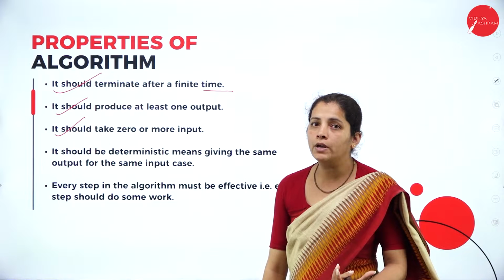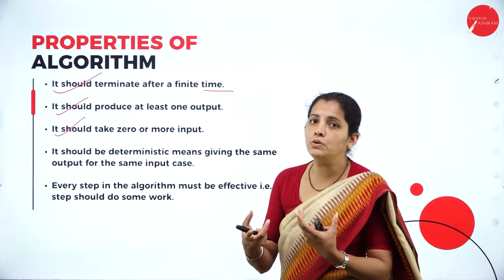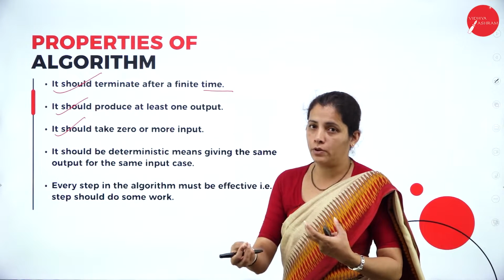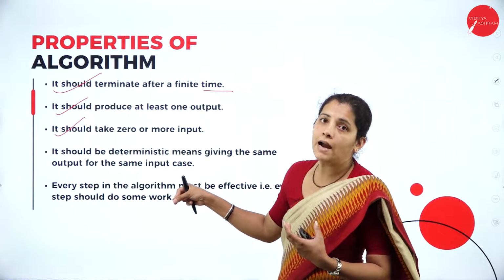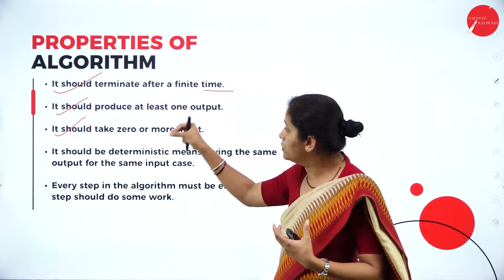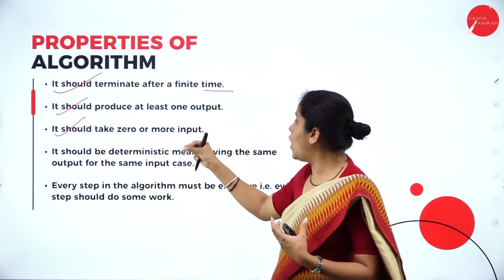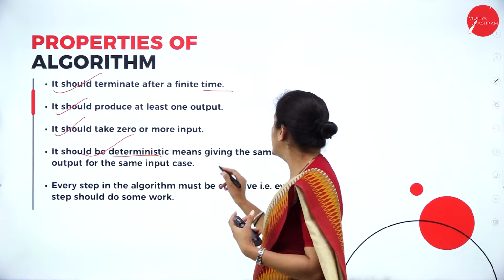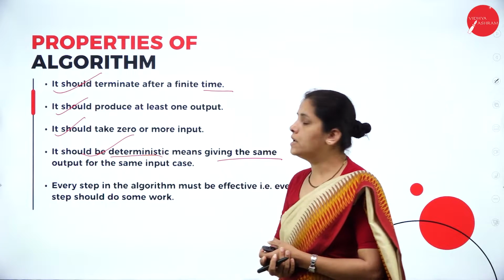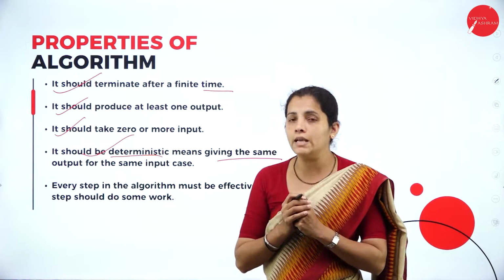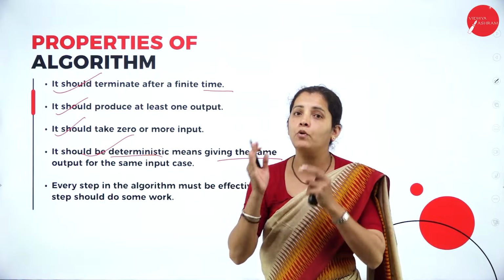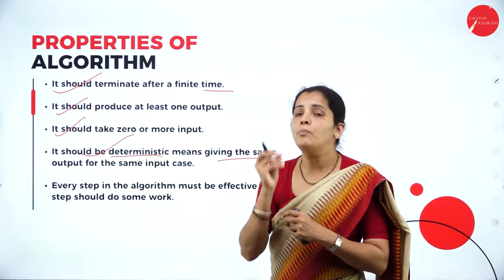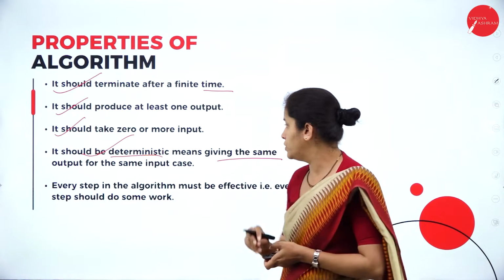There are certain times when I'm assigning the values, so I'm not going to read the input. So it is considered as 0 input. The algorithm is designed in such a way that it is capable of taking either 0 or more inputs. It should be deterministic, meaning it gives the same output for the same input. Whatever input case I write in my algorithm, it must be able to produce the correct output.